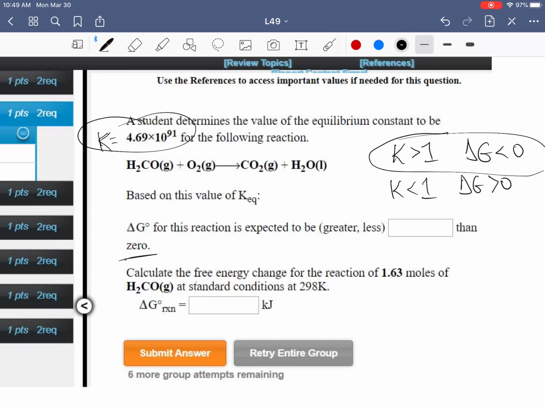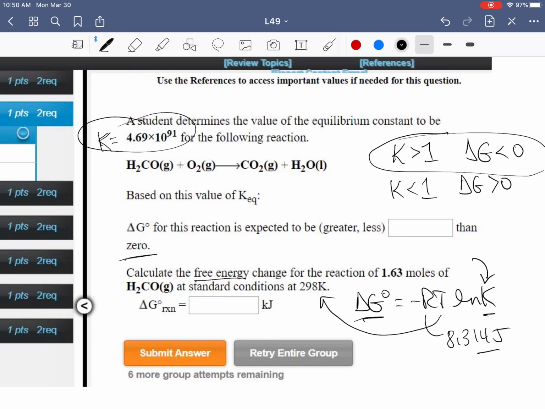And then it says calculate the free energy change for 1.63 moles. And here is the equation once again to deal with the relationship between equilibrium constant and delta G. So this one you can just plug in the equilibrium constant multiplied by the temperature in Kelvin, which is given, and then R is 8.314 joules per mole Kelvin.